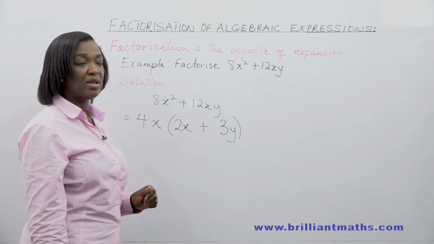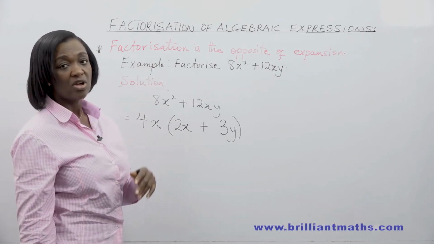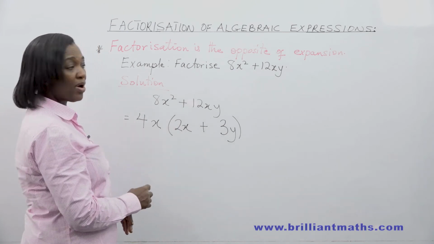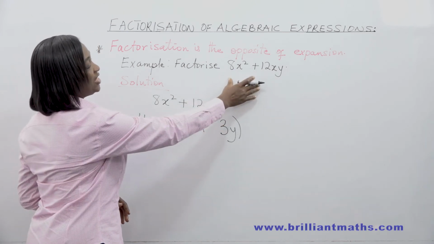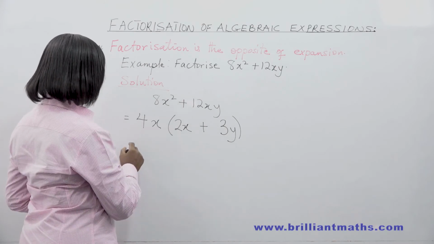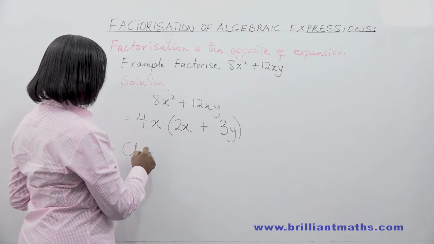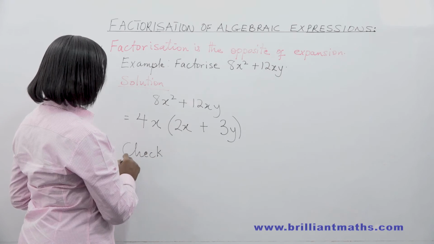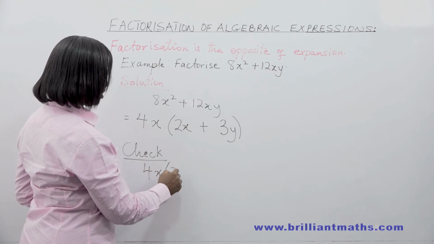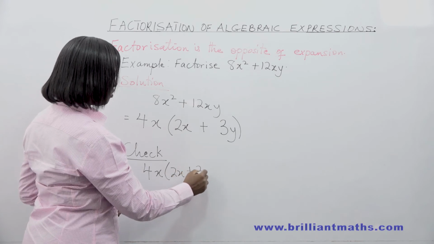Let's see what we mean by factorization is the reverse of expansion. Let's expand this term now and see if we will get 8x squared plus 12xy. So let's check. We're expanding 4x into 2x plus 3y.